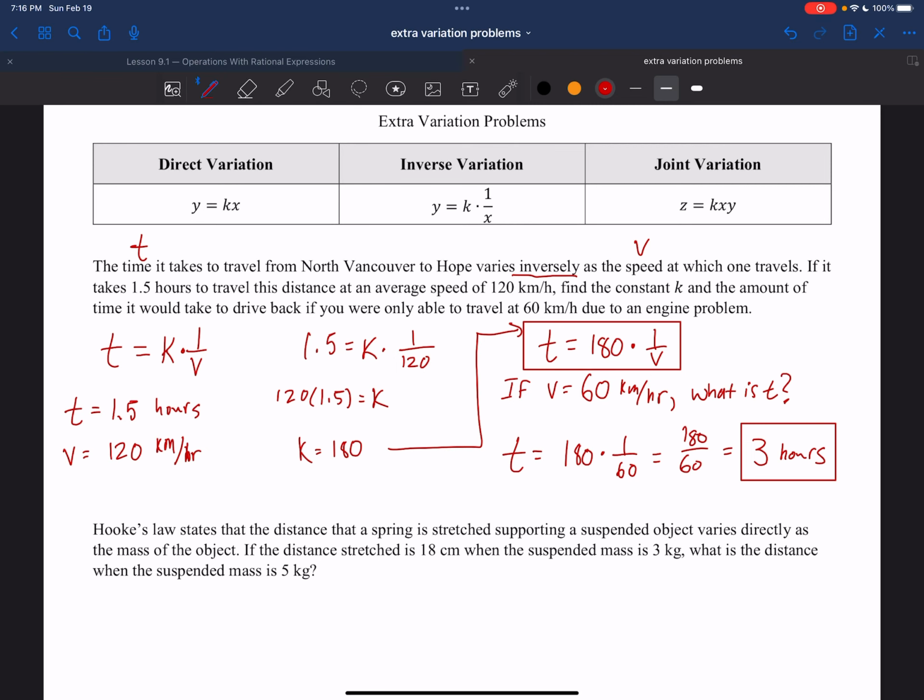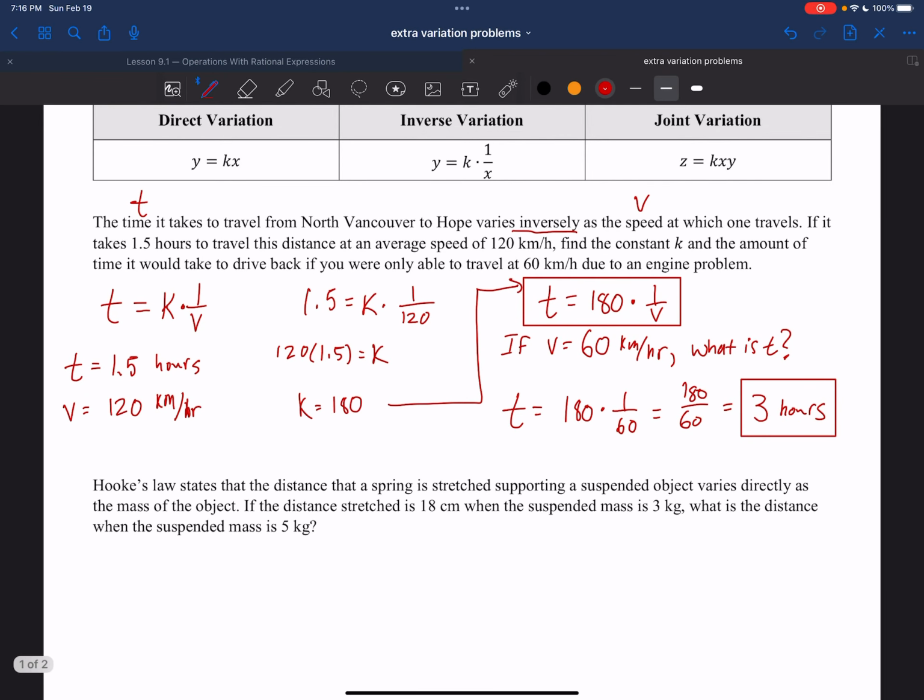And I might put a box around this too, just to say that that's my particular equation. By the way, this might be something I'd like to mention just real quick right now. There's sort of a difference between a general equation and a particular equation. So a general equation is, we just generalize what's the general formula. So like in this example, it was t equals k times 1 over v. But a particular means what is that particular equation for this context or this problem.